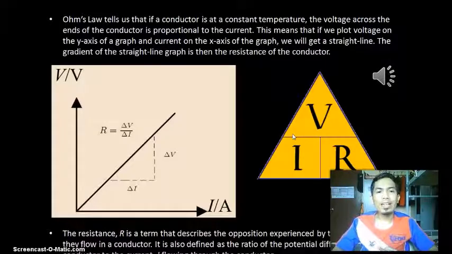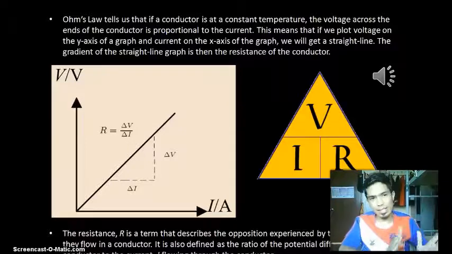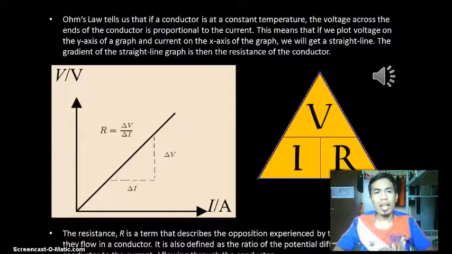Ohm's law tells us that if a conductor is at constant temperature, the voltage across the ends of the conductor is proportional to the current. This means that if we plot voltage on the y-axis of the graph and current on the x-axis, we will get a straight line.